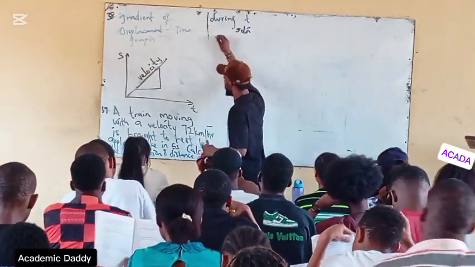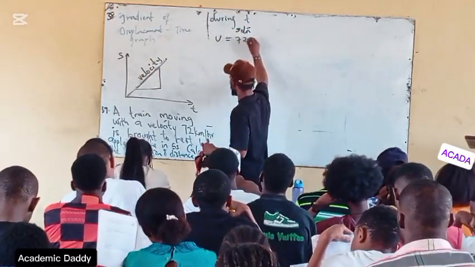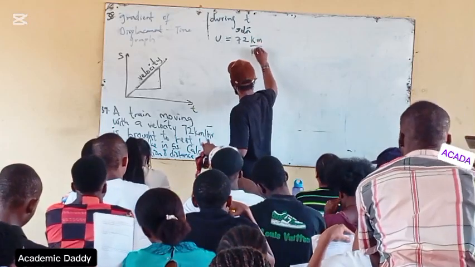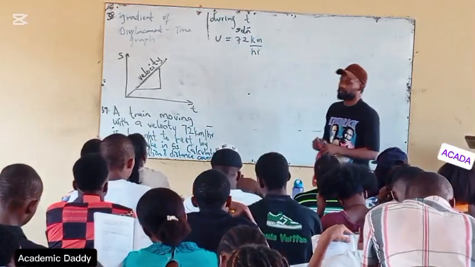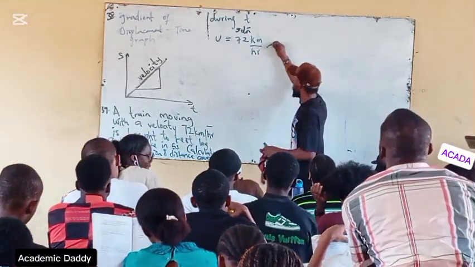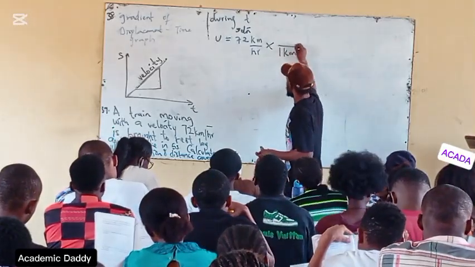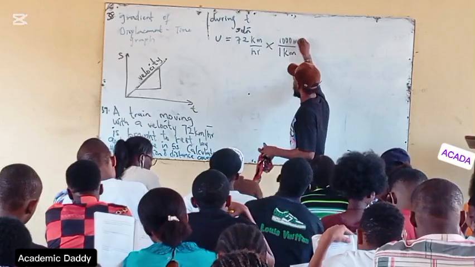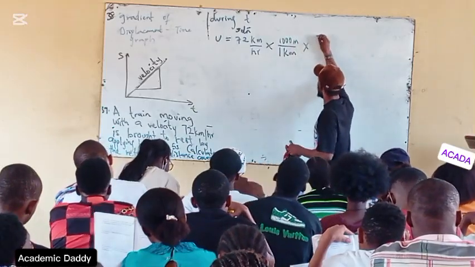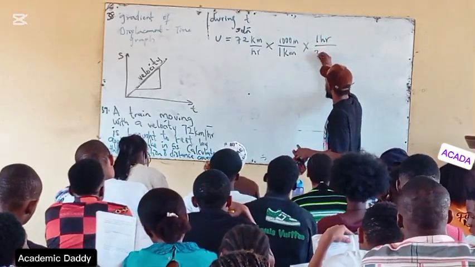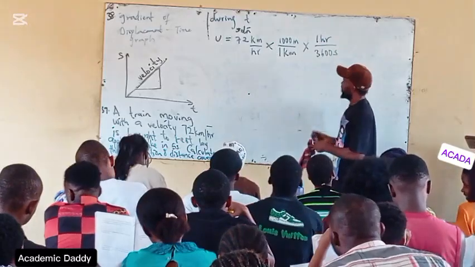So we say solution. Our U will be equal to 72 kilometers per hour, times, we know that 1 kilometer is equal to 1,000 meters, times, we know that 1 hour is equal to 3,600 seconds.